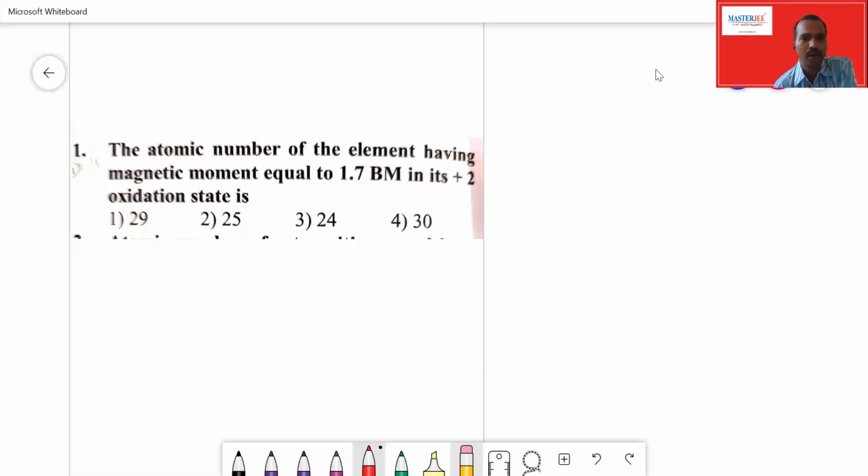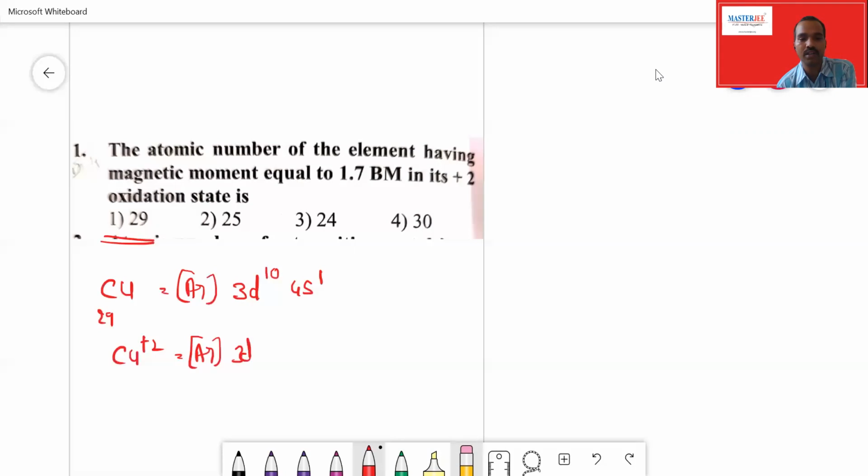Next question, the atomic number of the element having a magnetic moment equal to 1.7 Bohr magnetons in its +2 oxidation state. From this, I'm going to select the first option, whose atomic number is 29, copper, with electron configuration argon 3d10 4s1. After losing 2 electrons, as in the +2 oxidation state, the configuration will be argon 3d9 4s0.